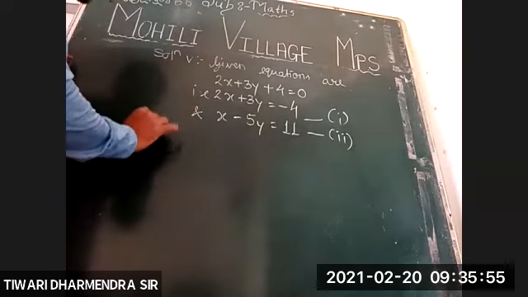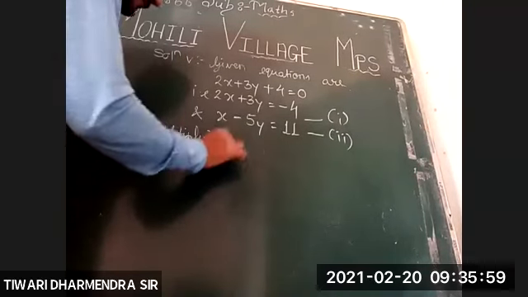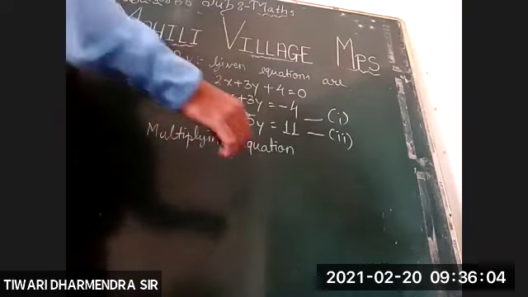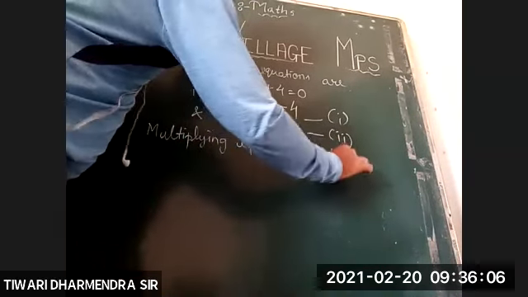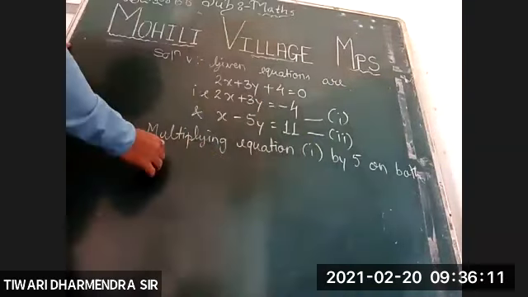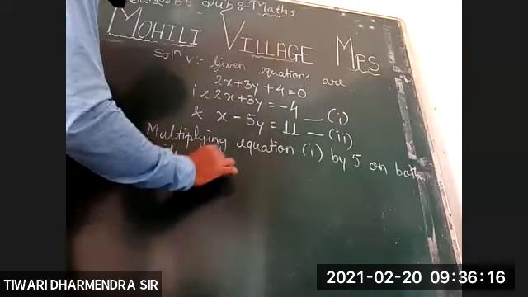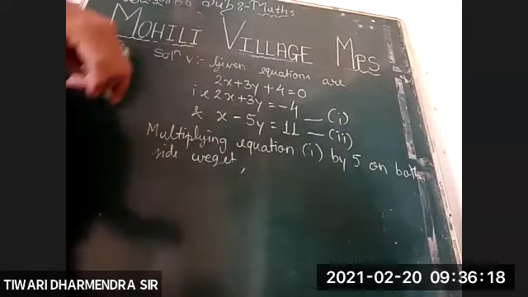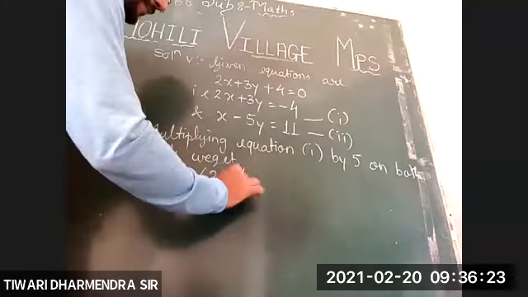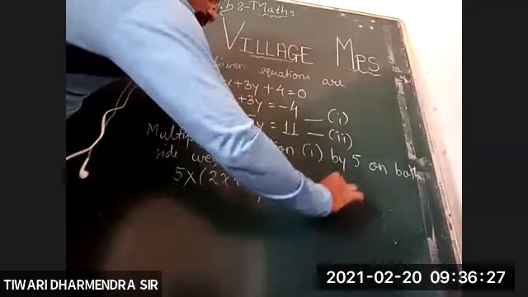So multiplying equation 1 by 5 on both sides, we get 5 into (2x plus 3y) is equal to 5 into minus 4.